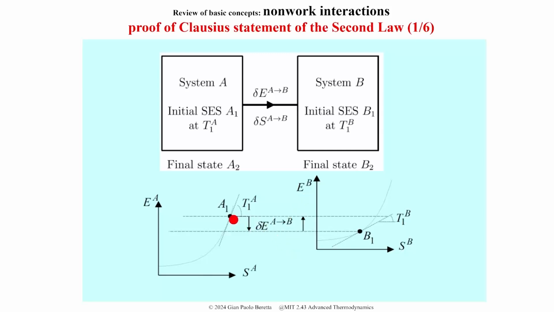It's again the same story as we started with. If my system A starts in a stable equilibrium state here, and I want to extract energy so that I give it to system B, I need to go down in energy. But in order to go down in energy, I also need to go down in entropy.